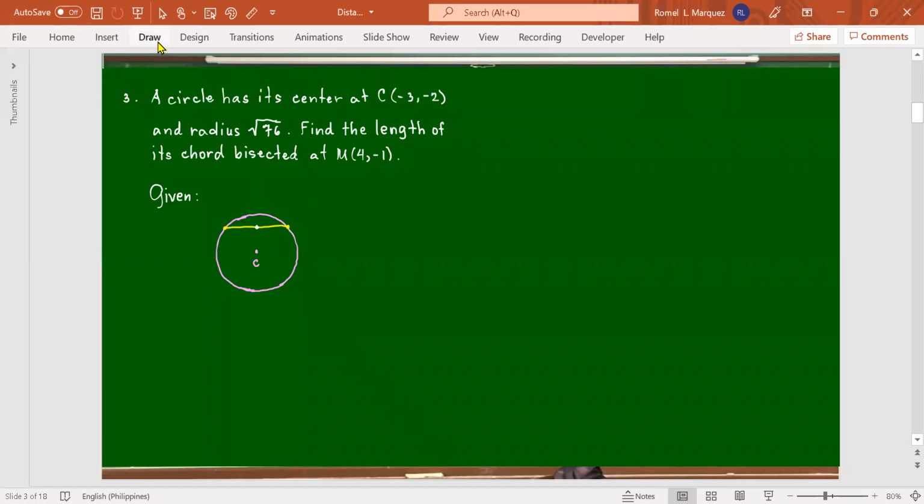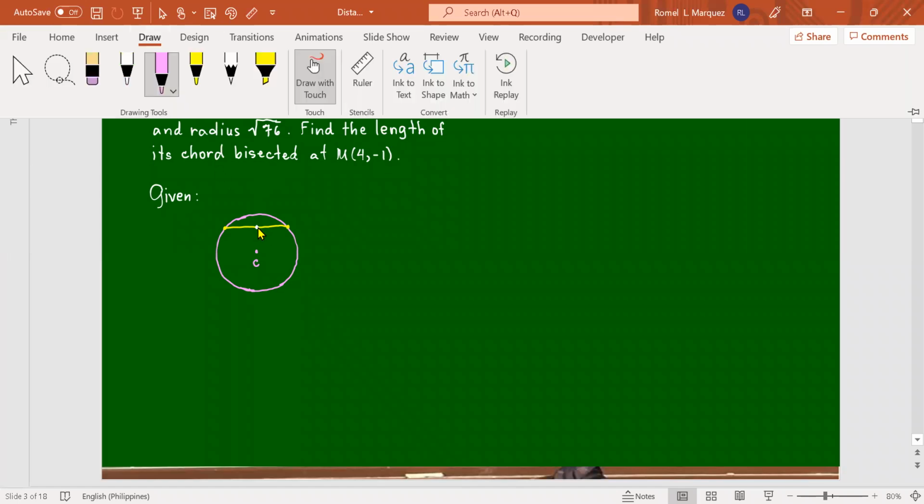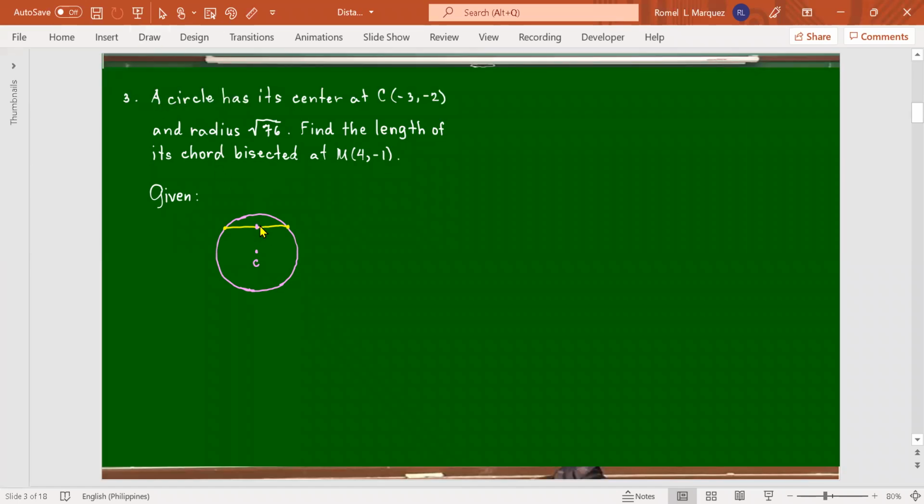Now, according to your geometry, if you have a chord bisected here, meaning this segment is equal to this segment. And if I connect that point of bisection, the midpoint of the chord, to this center, it is perpendicular to the chord.